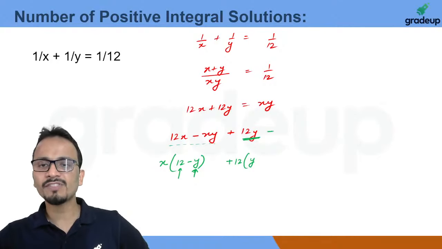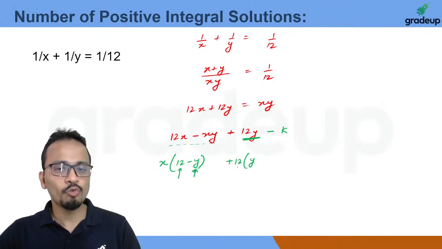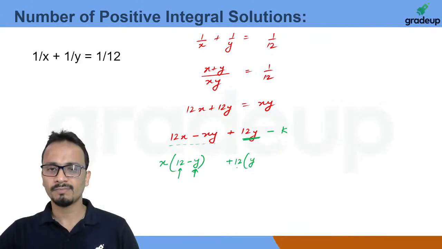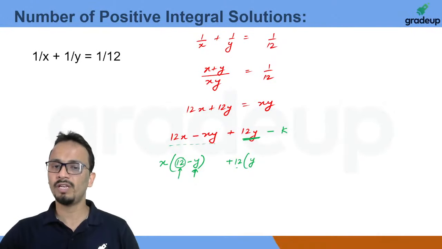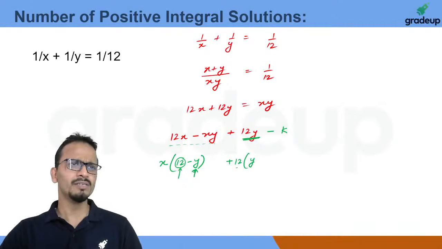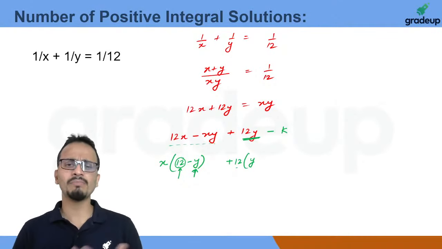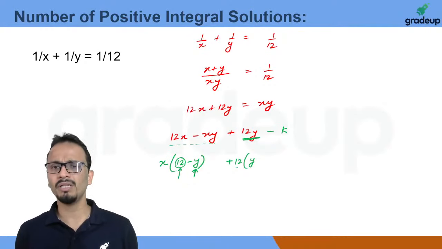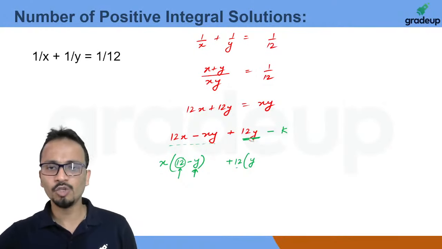And if I have a constant here such that if I take 12 common from it, I should be left with 12, that number should be 12 square, simple. That is 144.